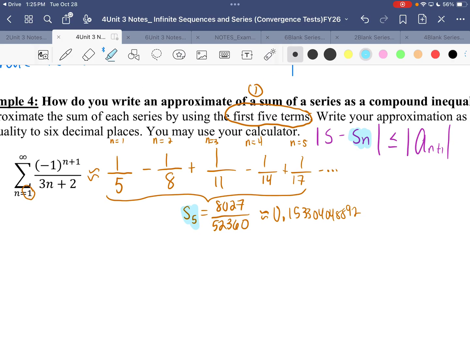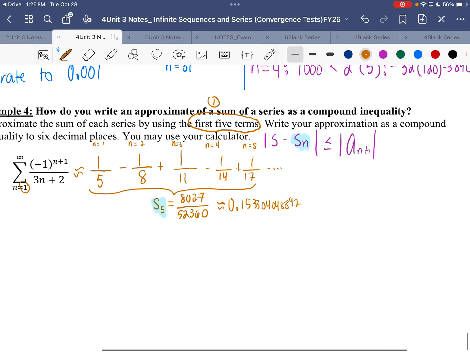We need to compare it with a(n+1). All right, so if n is 5, then what would a(n+1) be?